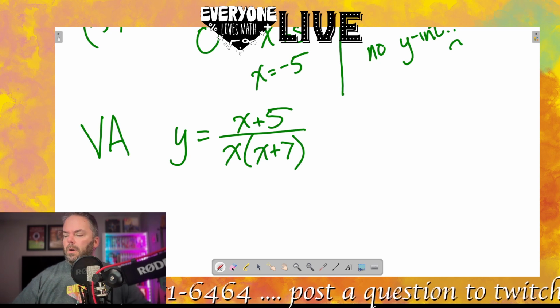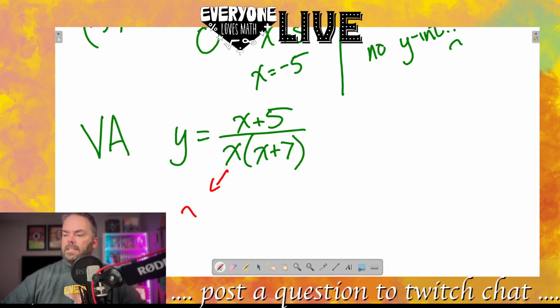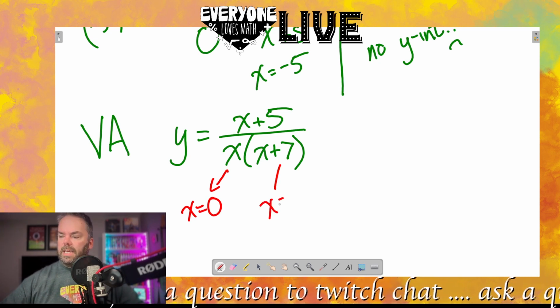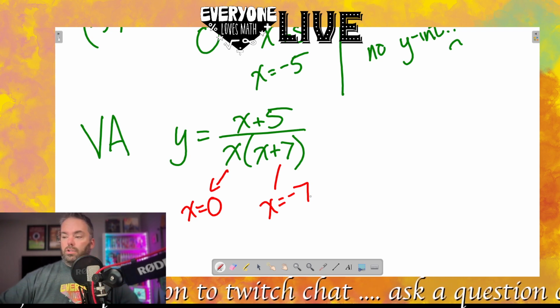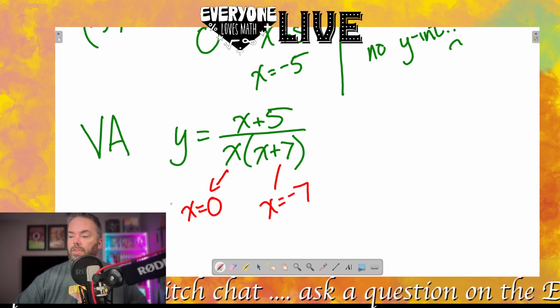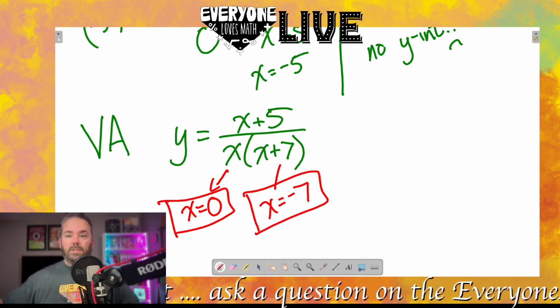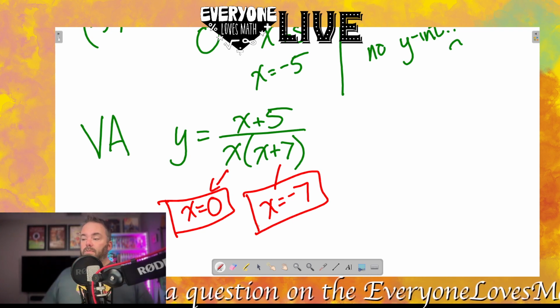I'm going to use red here. x equals 0 makes the denominator 0, and x equals -7 makes the denominator 0. And there's no factors that cancel with either of those in the numerator. So these are the equations of the vertical asymptotes. This function has vertical asymptotes at x equals 0 and x equals -7.